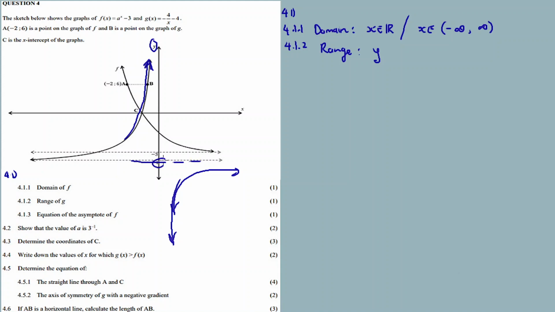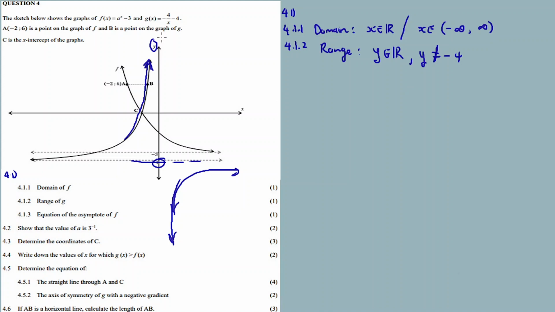we exclude negative 4. So it means that y is an element of real numbers, because it's positive infinity and negative infinity, but we exclude not x but y instead. y is not equal to negative 4.